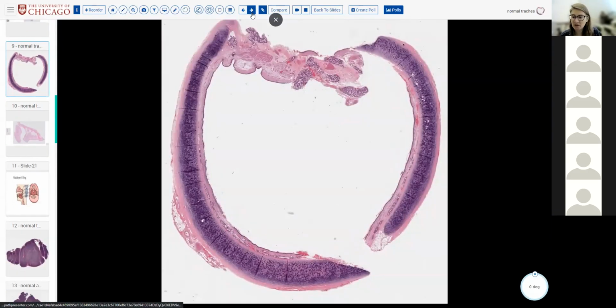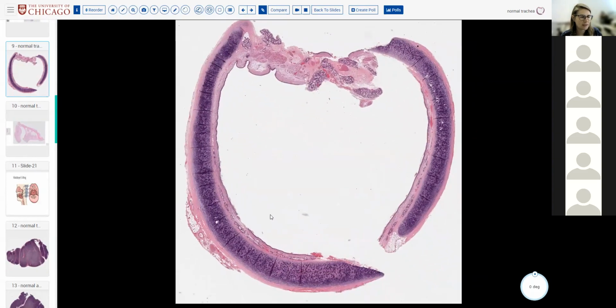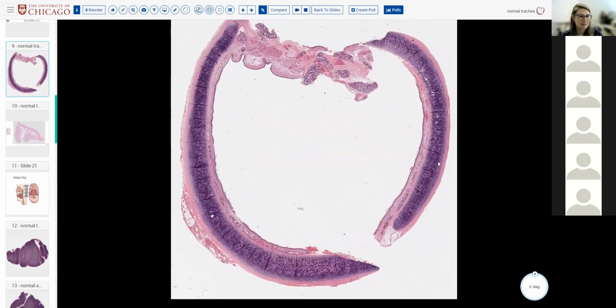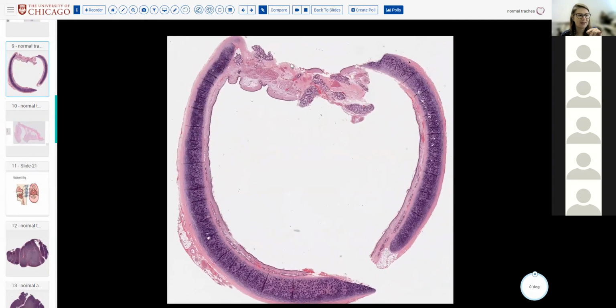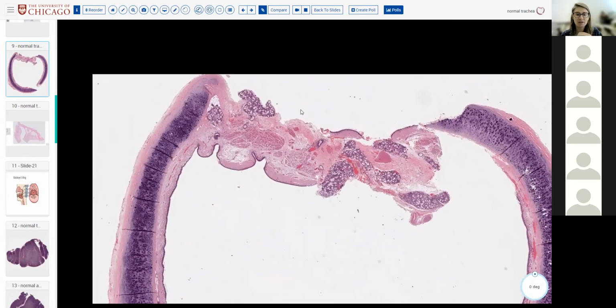As we proceed down into the trachea, we basically see that the cartilage of the trachea is C-shaped, right? And there is a lack of cartilage at the posterior aspect of the trachea where your esophagus would lie, okay?